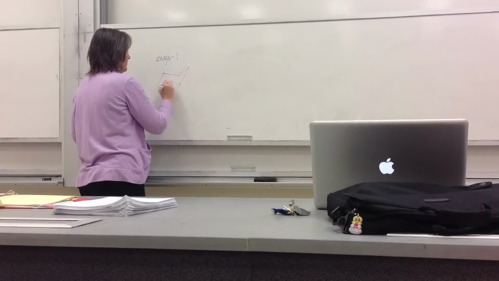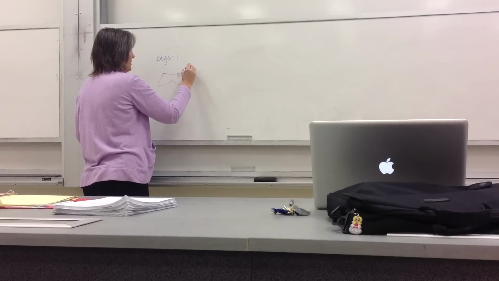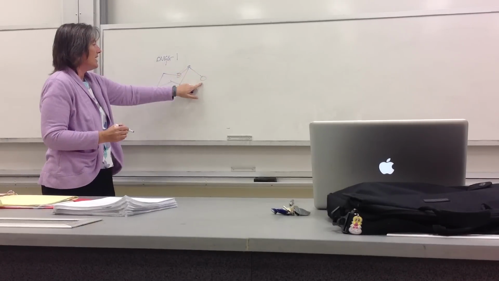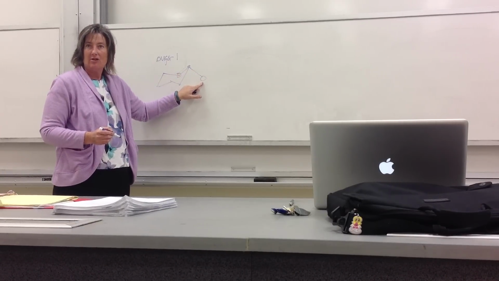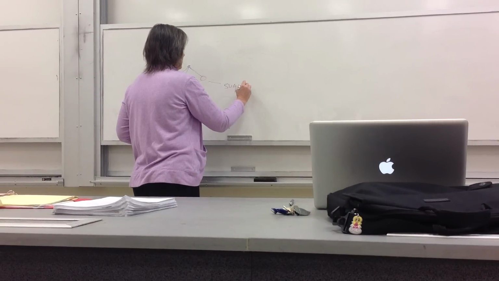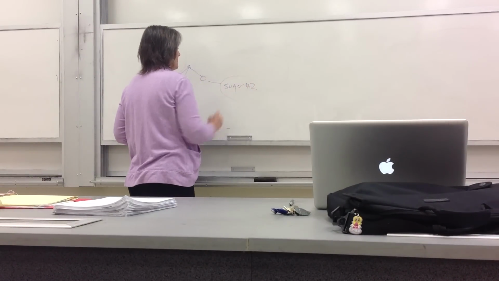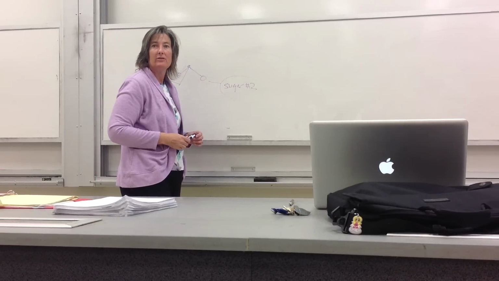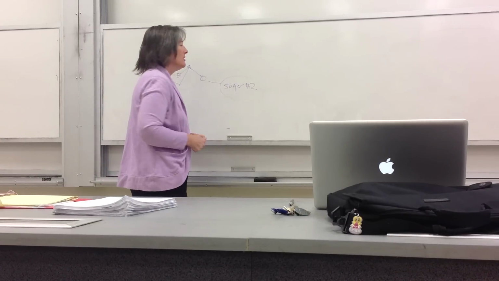Let's just draw a portion of it. So here's my O, here's my anomeric carbon. Its anomeric carbon will be bonded to sugar number 2. And sugar number 2 is typically just any OH. I don't know which one. Okay, just pick an OH.